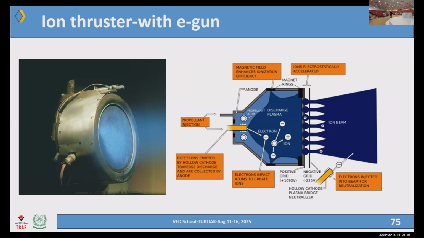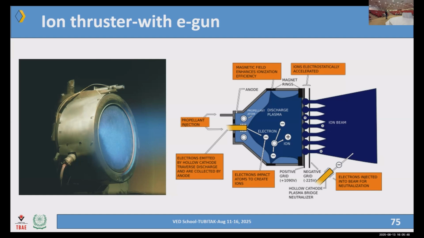They prefer xenon because it's very heavy and easy to ionize. It's in the last column of the periodic table: helium, neon, argon. In the lab you work with argon, but eventually you switch to xenon when it comes to an actual device.